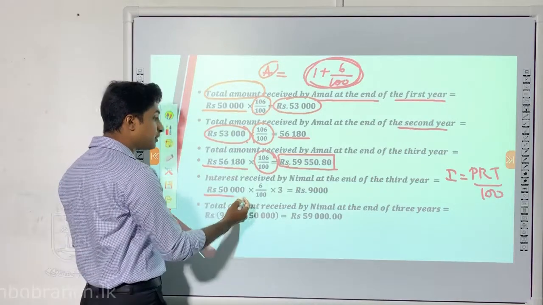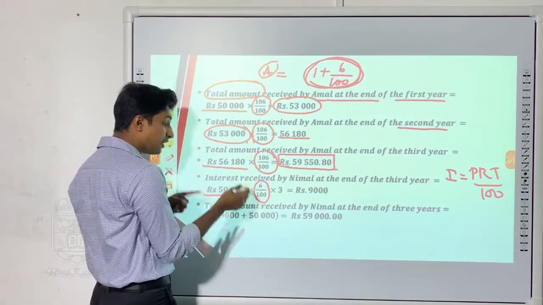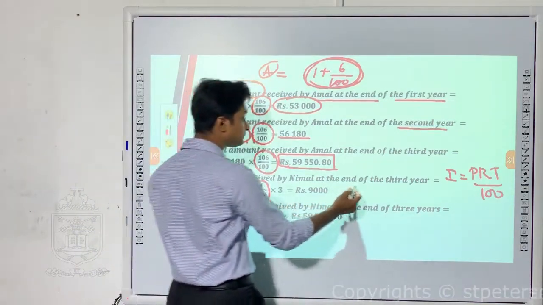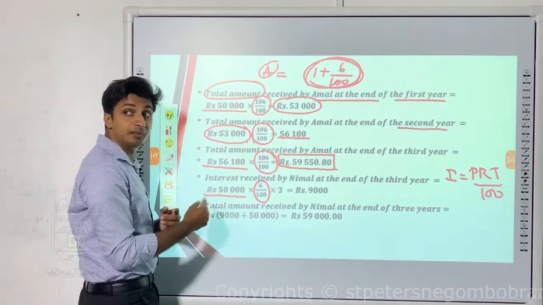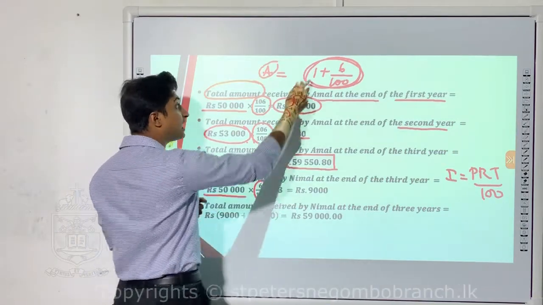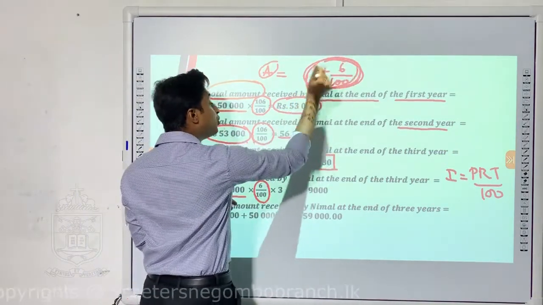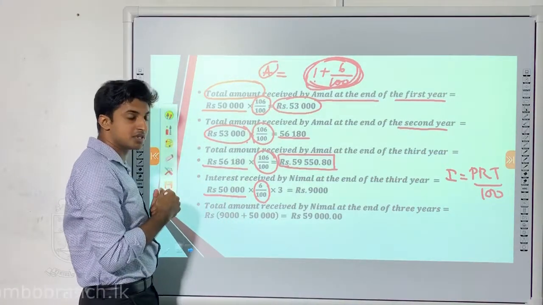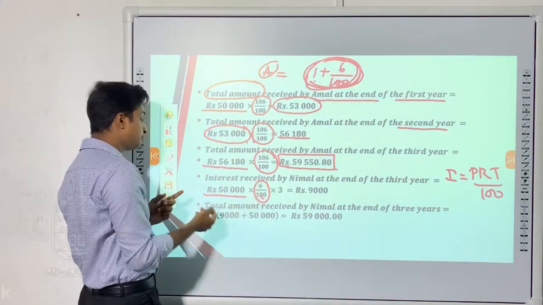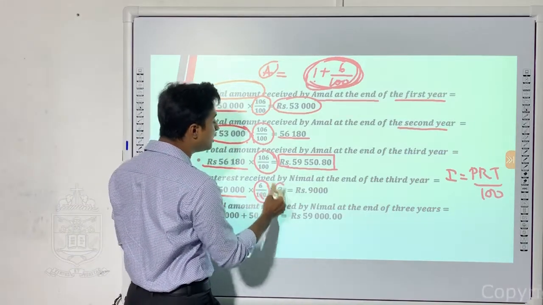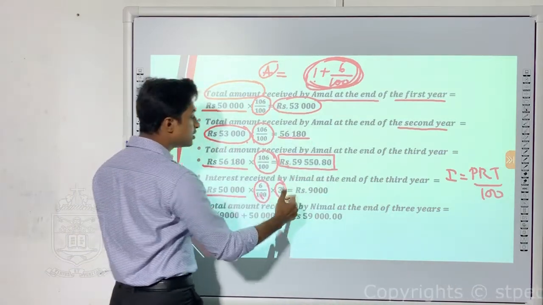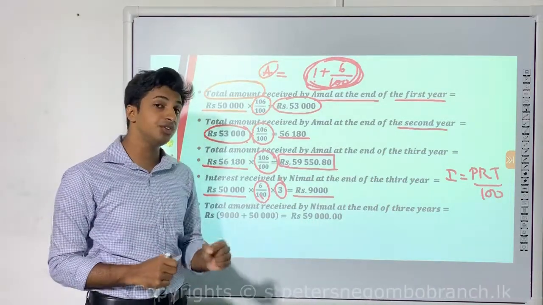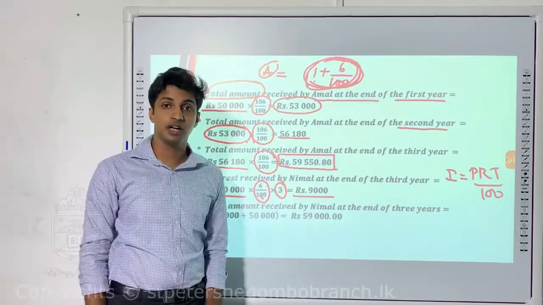So I have taken the principal amount, that is P, into R, that is the rate. For this you don't add 1 because this is a simple interest question. It's a simple interest concept, so you don't add 1 like this. This 1 is added only when you are finding the total amount for the compound interest concept. Here you can just take the percentage, that is 6 over 100 into 3 years, PRT over 100. So by the end of the 3 years, he has received a simple interest of 9,000.